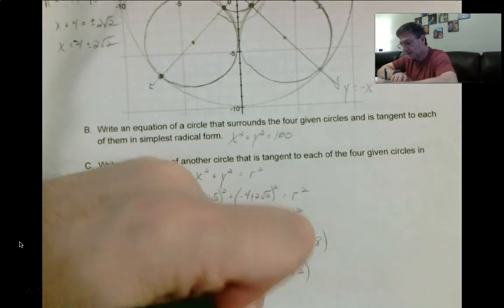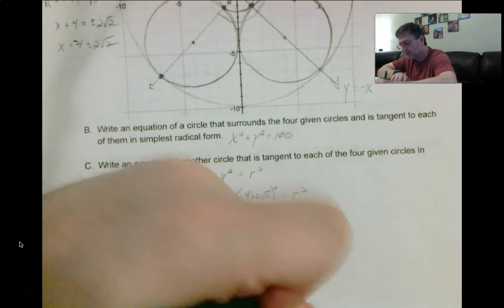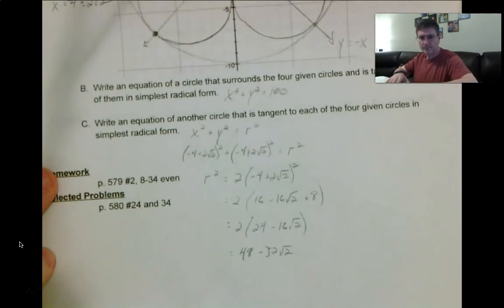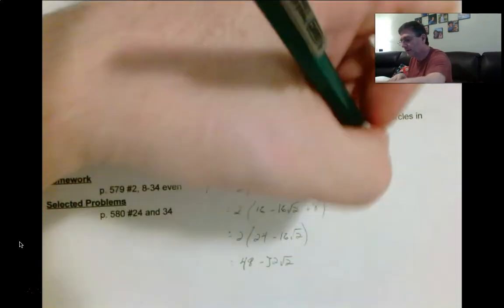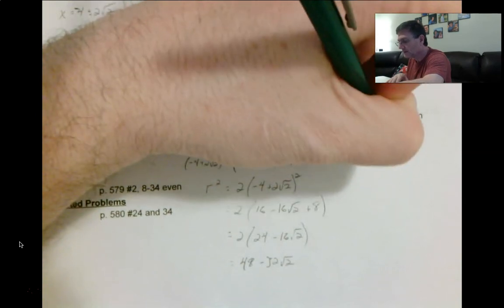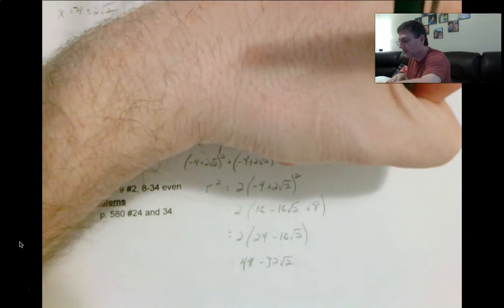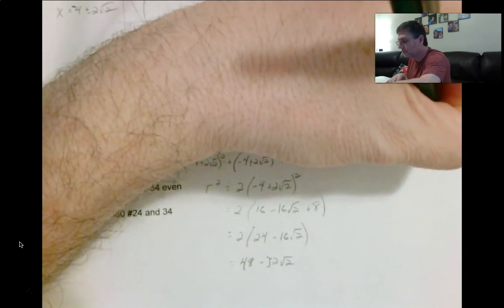So 48 minus 32 square root 2 is equal to r squared. So x squared plus y squared equals 48 minus 32 square root 2.